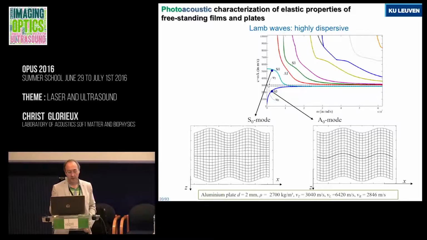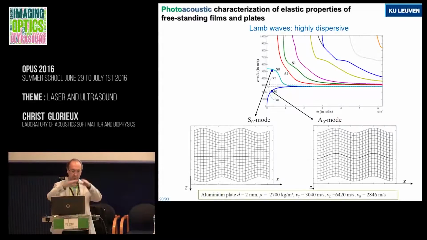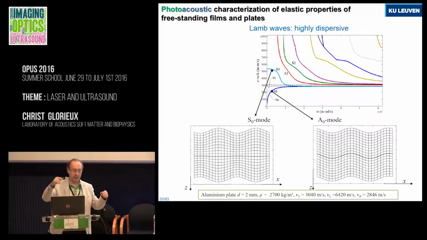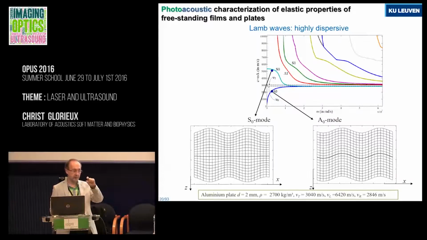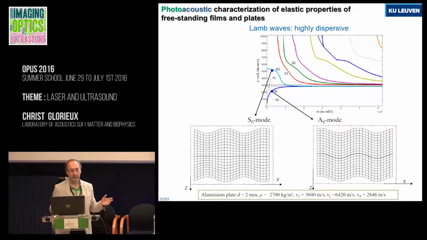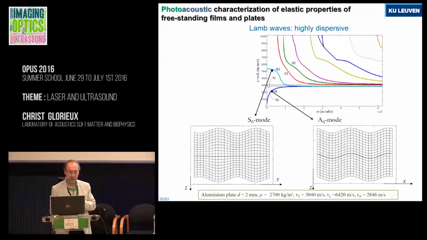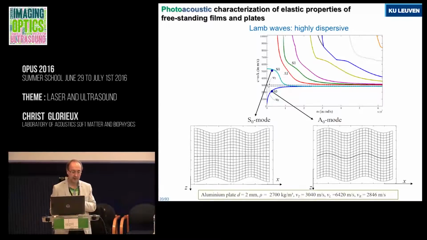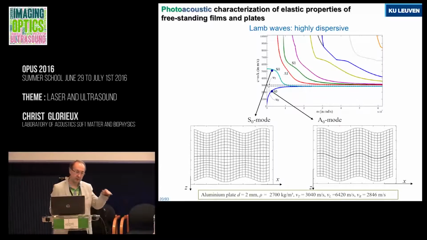Now, if you go to a low frequency, the wavelength becomes long, and it goes deeper than the thickness of the sample. So what the wave is feeling is not only the sample, it's also the air. And air is quite soft compared to solid materials. So if you go to low frequencies, long wavelengths, you more and more feel the soft air and the wave becomes slower.